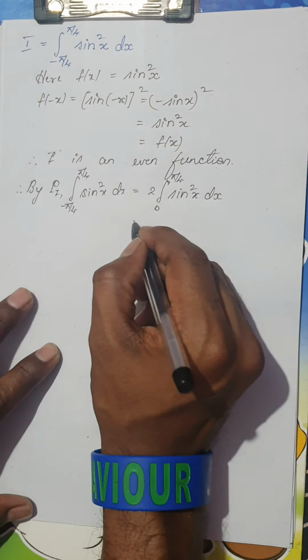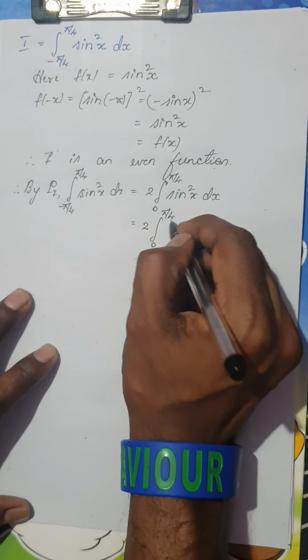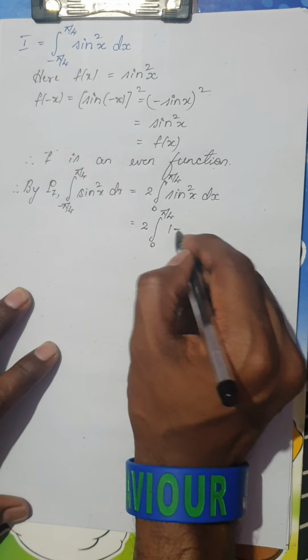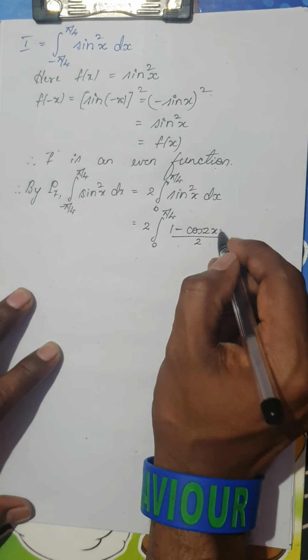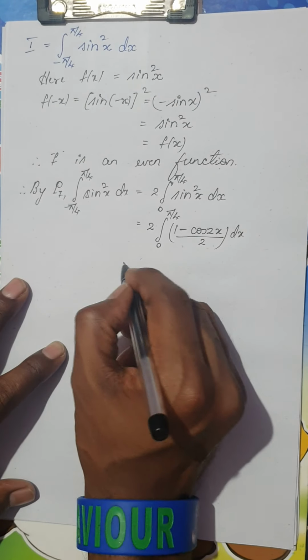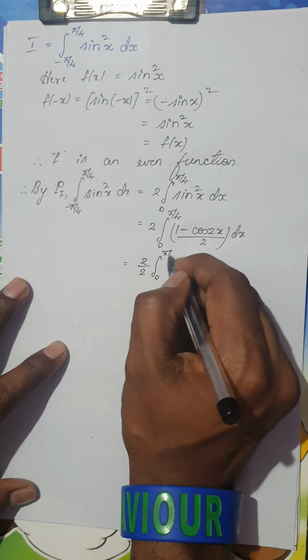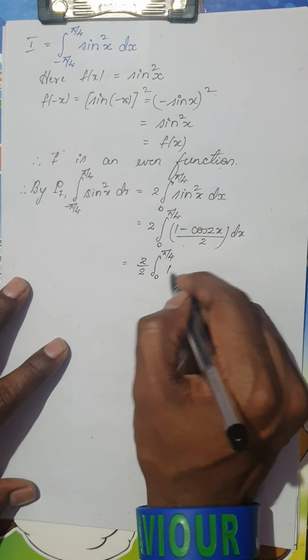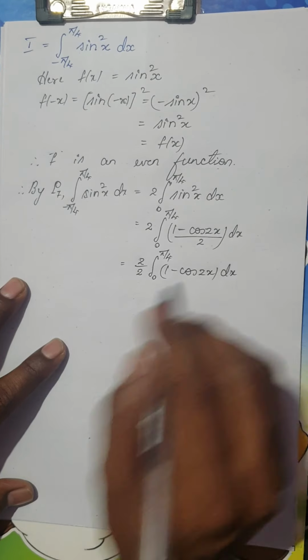Okay, so this is nothing but similar proof. So in 0 to pi by 4, sine square x can be written as 1 minus cos 2x divided by 2 dx. Okay, so let us bring this 2 outside, and 2 by 2, integral from 0 to pi by 4, it is 1 minus cos 2x dx.